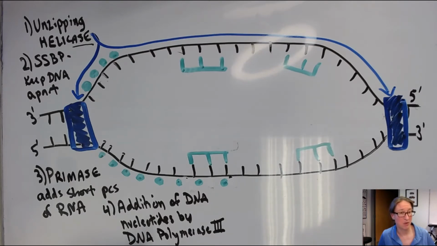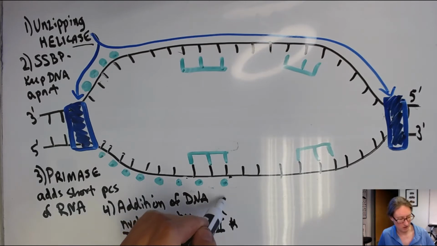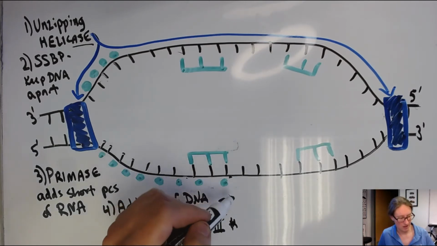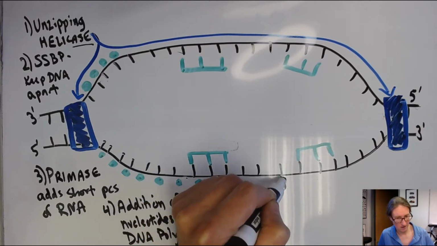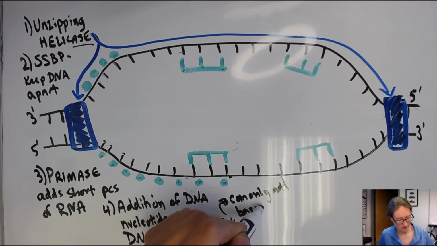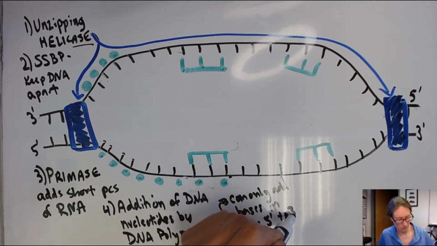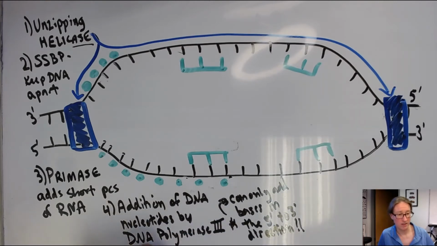They were actually numbered in the order in which they were discovered. So this is the third one that was discovered. And DNA polymerase 3 has an interesting characteristic, actually shared by polymerases in general, in that it can only add bases in the 5' to 3' direction. So this is a one-way enzyme. It cannot build in both directions, just one direction.